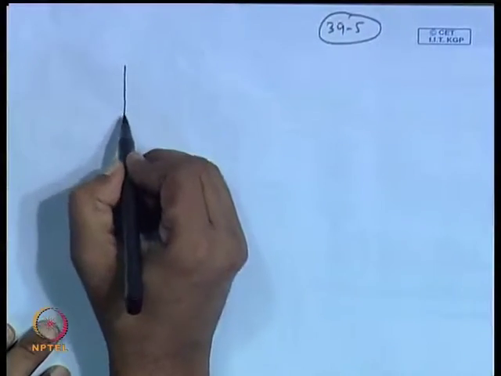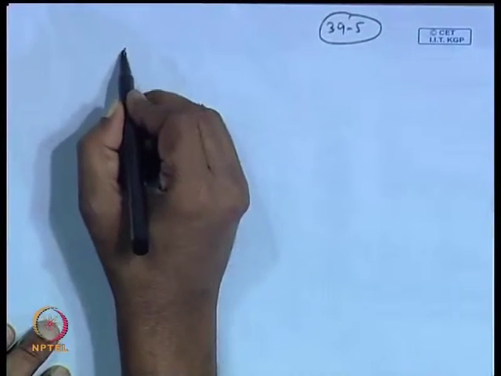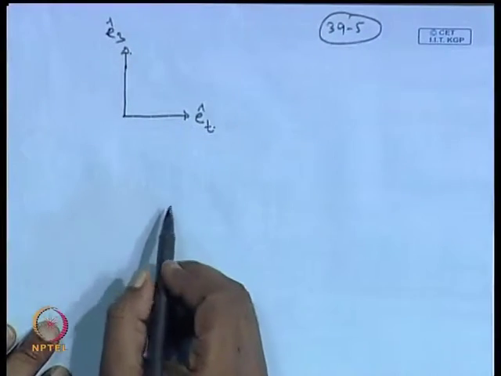It simply implies that you have two vectors E t cap and E 3 cap, they are orthogonal vectors.